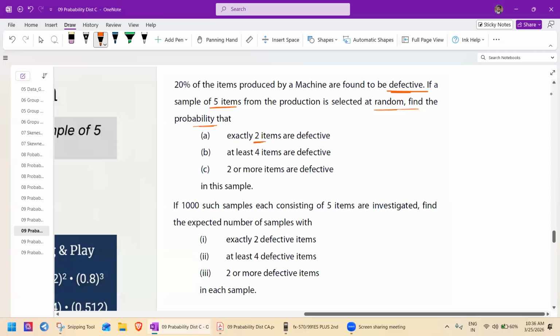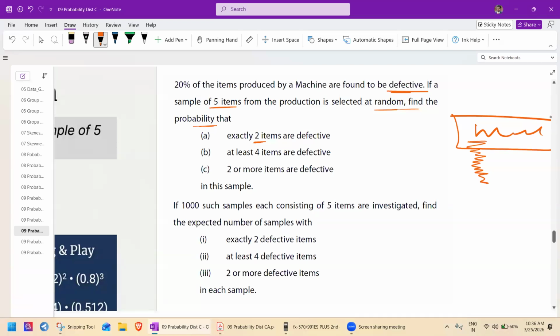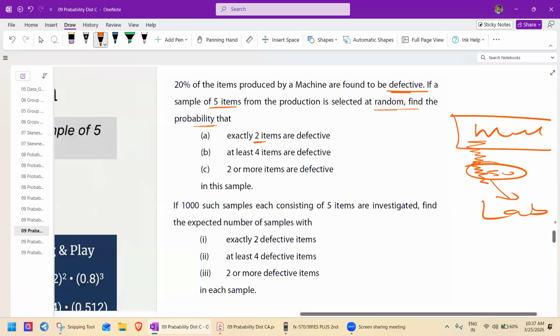So when we tell in our normal terms, there's a machine, it produces an infinite number of items. So quality control staff pick 5 items randomly, and bring those items to the laboratory, and they are testing whether the items are defective or in good condition.